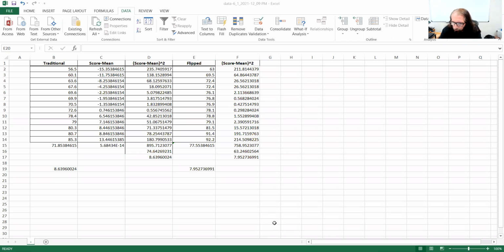While the flipped class, that 7 is going to round the 2 up, so 7.953.